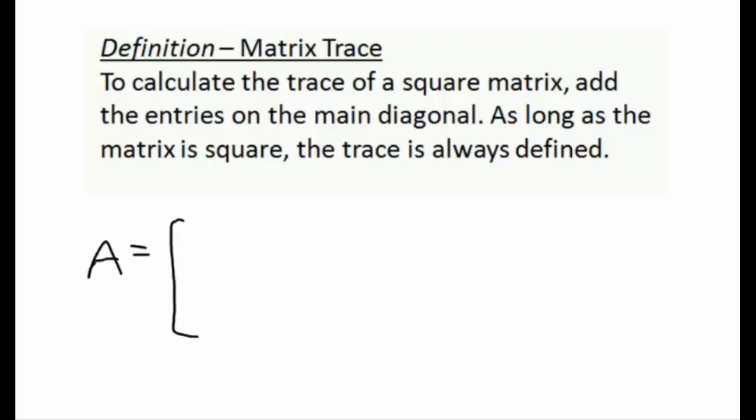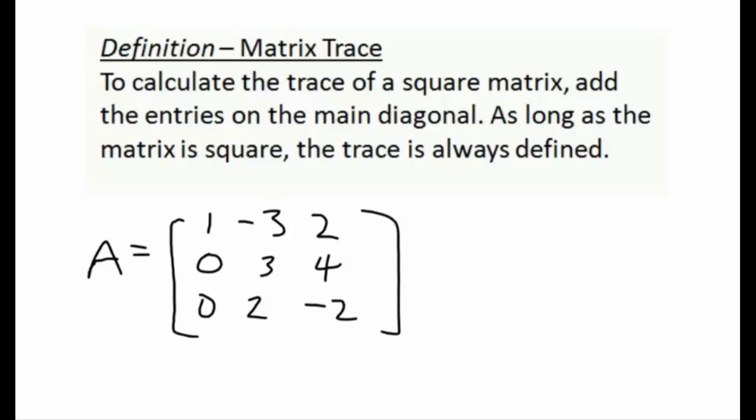So for example, let's say we have this matrix, and we'd like to find the trace of this matrix. Well, we're going to identify the main diagonal of A. And we usually write TR.